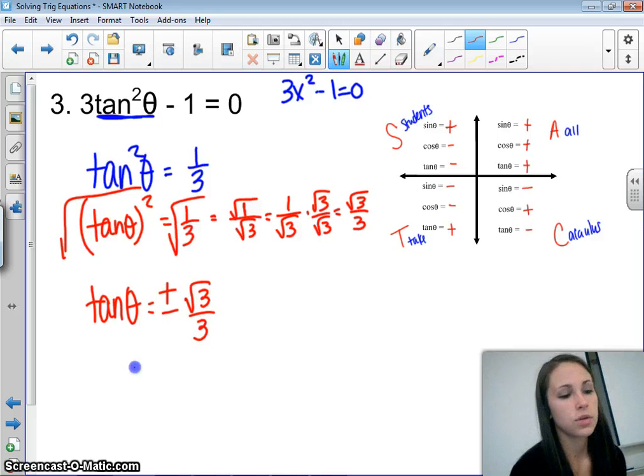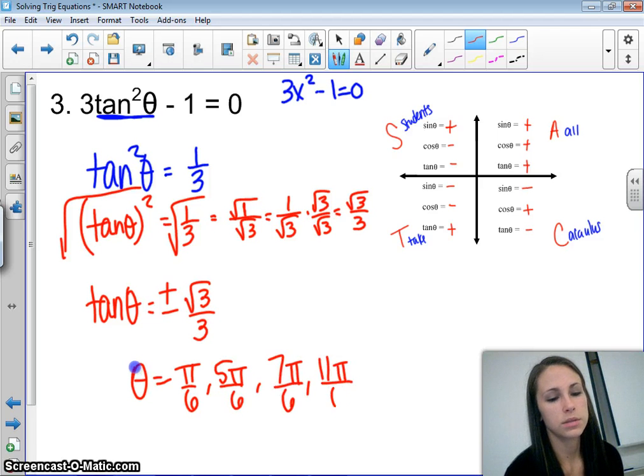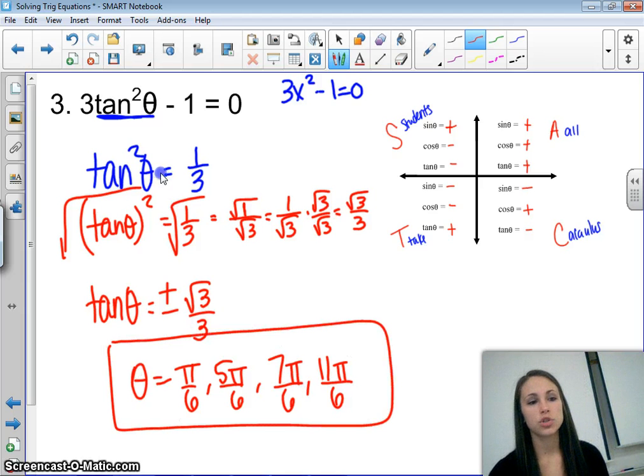So my answer for this one would be theta equals pi over 6, 5 pi over 6, 7 pi over 6, and 11 pi over 6. These are my 4 answers. Whenever you have a squared function and you take the square root, you're going to end up with 4 answers instead of 2 because you're looking for one in all 4 quadrants.